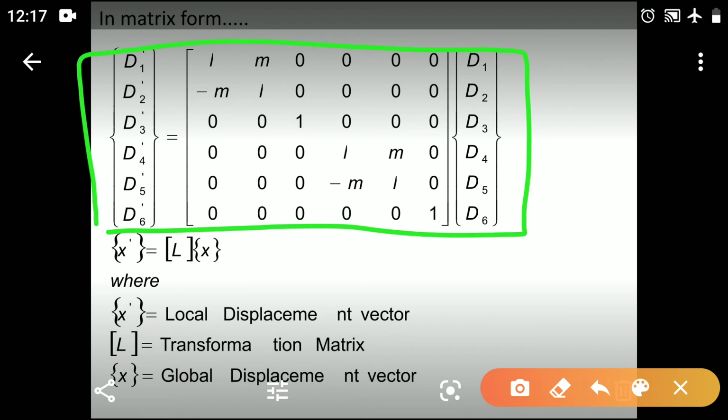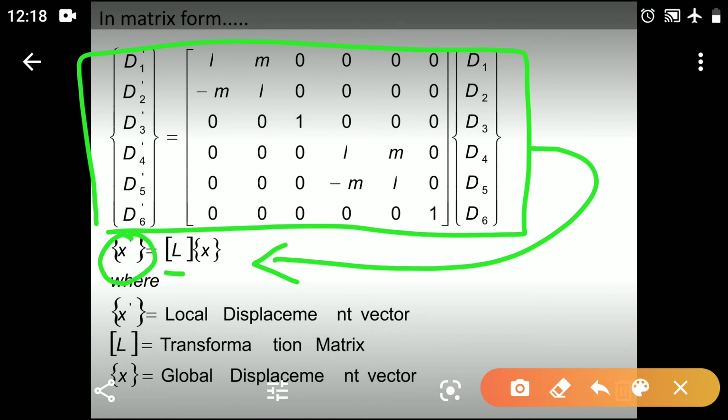This equation in a simplified form is written here, with all the degrees of freedom with dash: x dash equal to L, that is this matrix, into all the degrees of freedom in the global coordinate direction, that is x. Here x dash is the local displacement vector, L is called the transformation matrix, and x is called the global displacement vector.